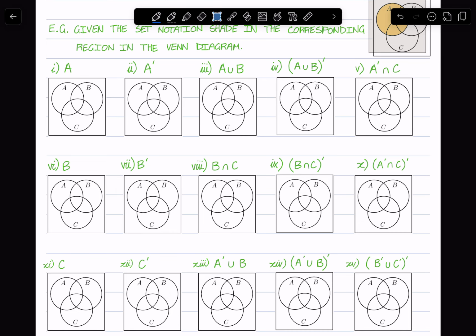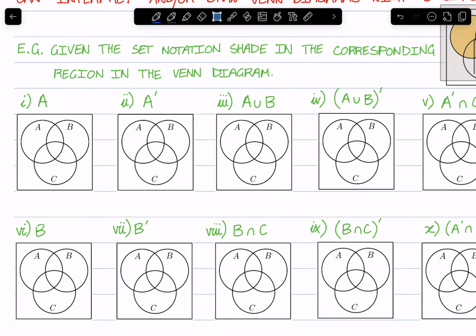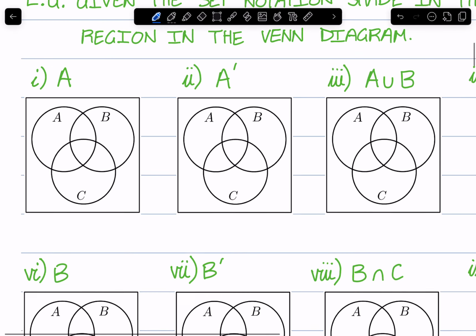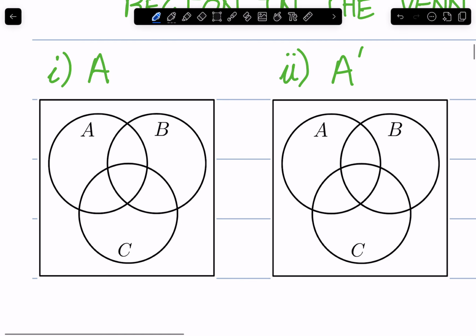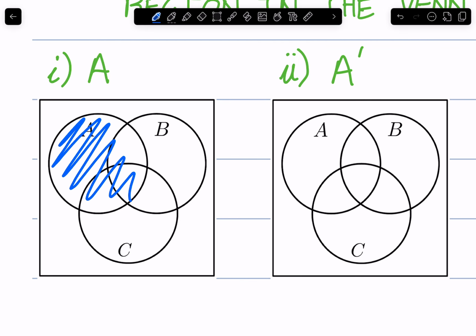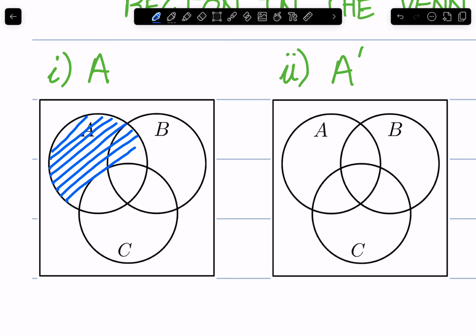When doing this on pen and paper, the best way to go about this is, rather than sketching it like so, simply draw, and I highly recommend using a pencil for this, just lines such as this, being very careful to go right to the edge of what you're trying to indicate.